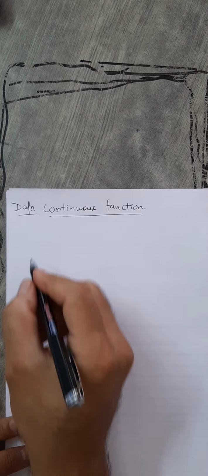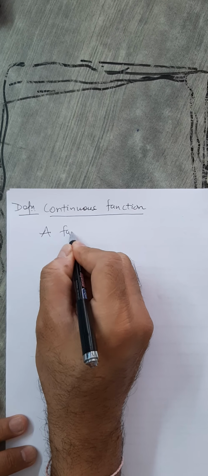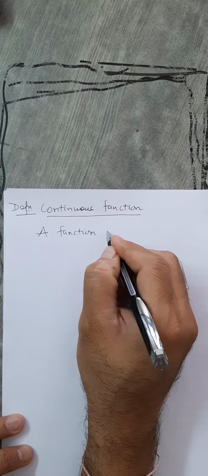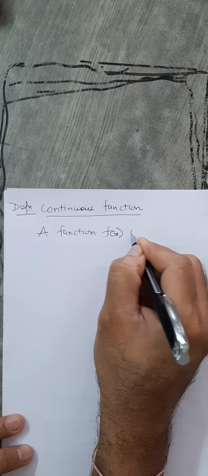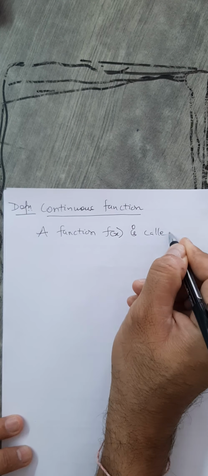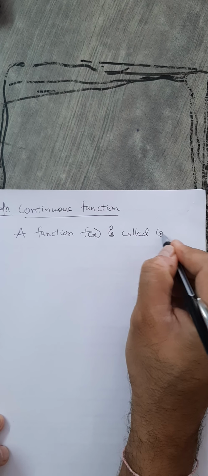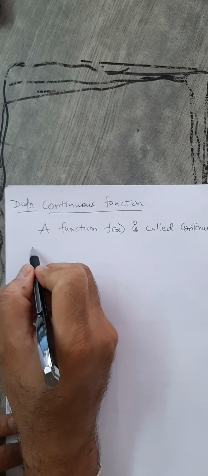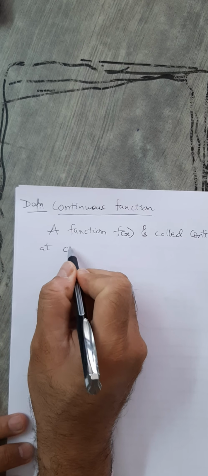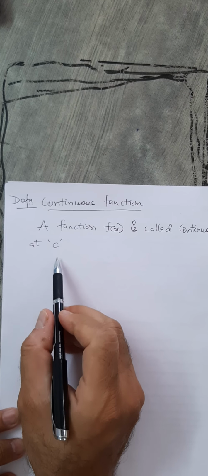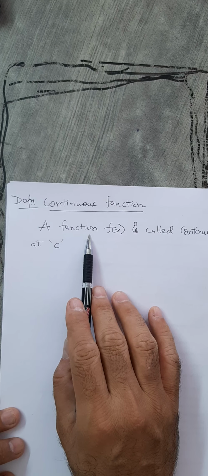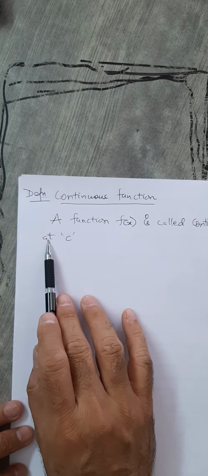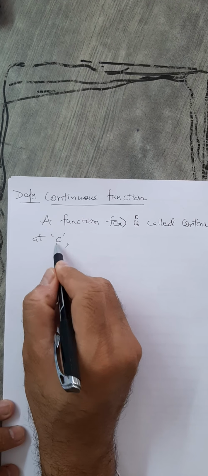A function f(x) is called continuous at c, where c is a fixed point. At one point we are checking.